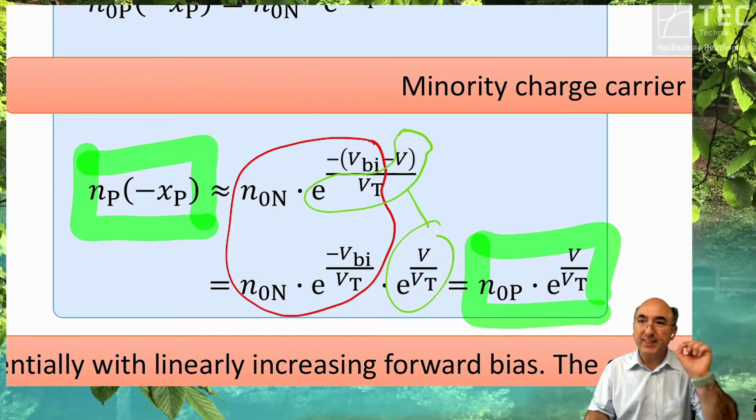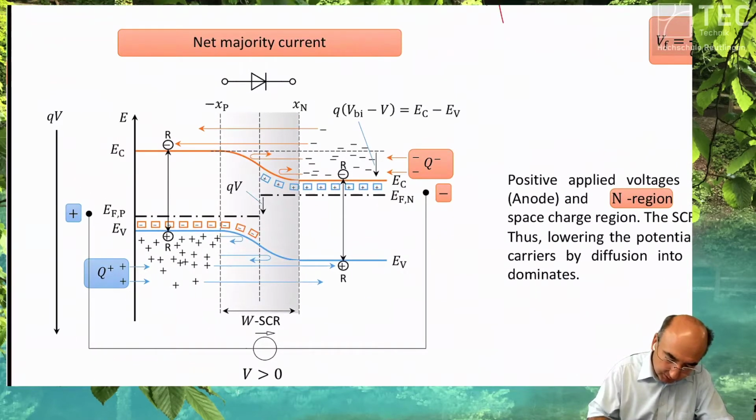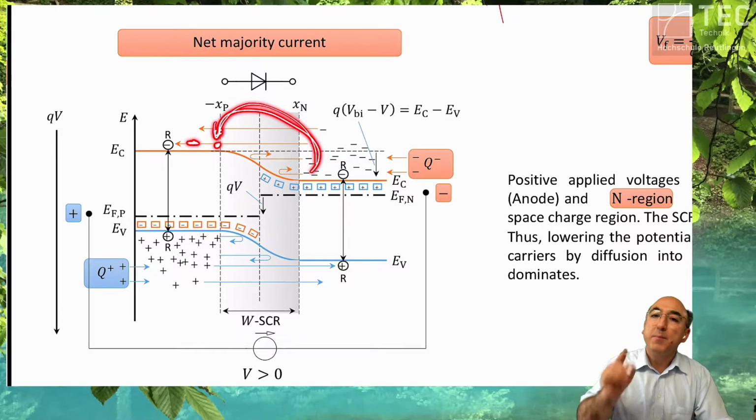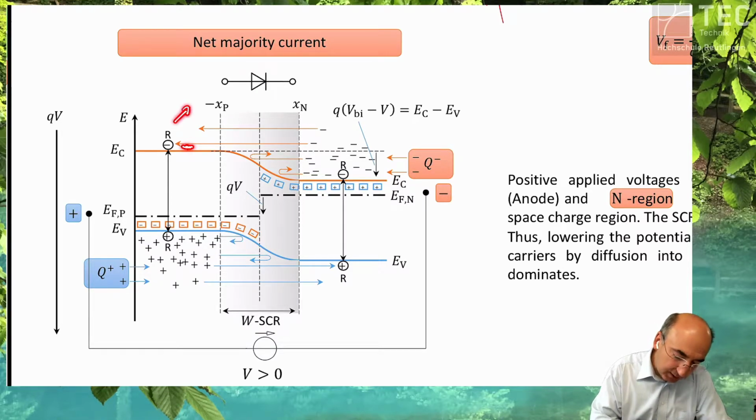At the space charge region itself, the minority carrier concentration is the bulk concentration if you don't inject anything. But if you inject something, this value of the number of electrons increases exponentially with the applied voltage as a fraction of the thermal voltage.